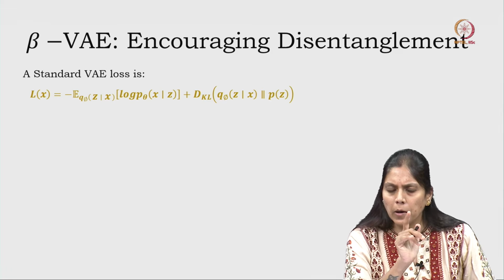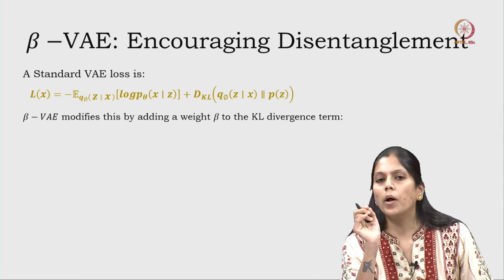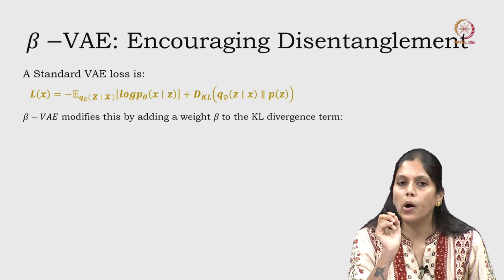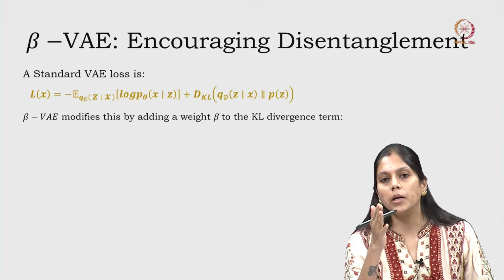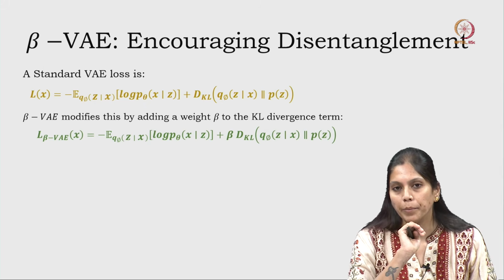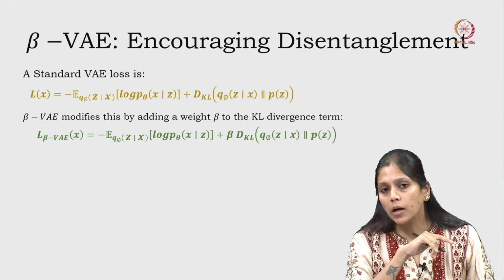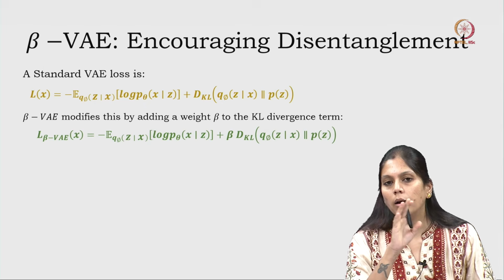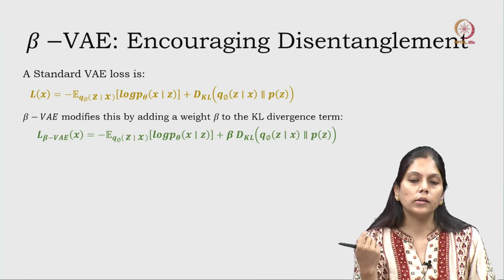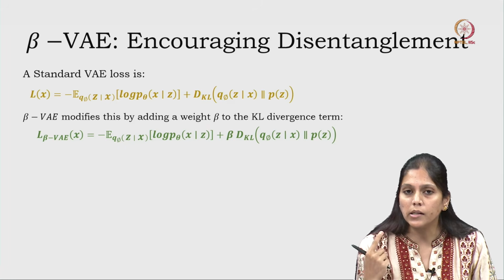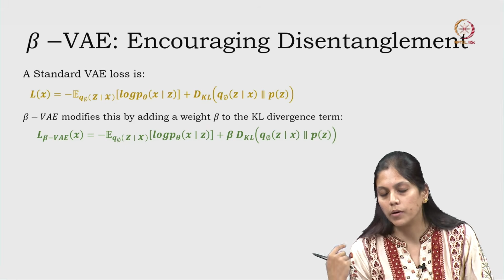To this loss, we add one regularization parameter called beta, a weight beta on the KL divergence term. This is Beta-VAE, where the only difference is that beta is added to the KL divergence.